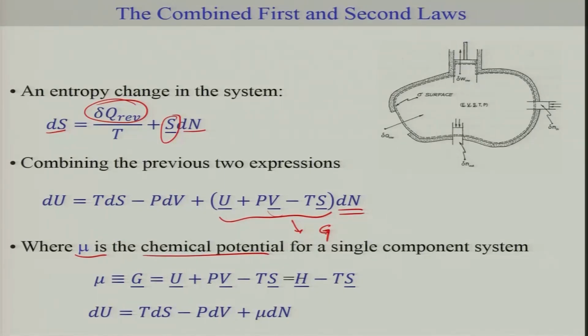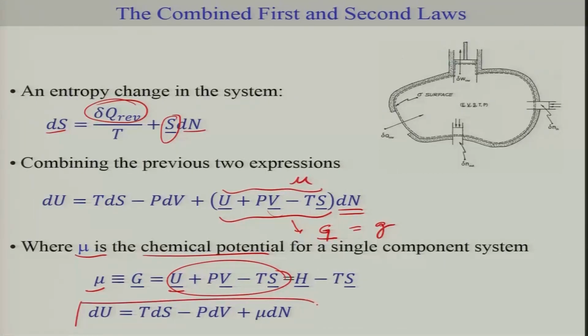So, G bar, which is the molar G, sometimes we also write G like this. So, mu is nothing but G, which is u bar plus PV minus Ts, and this can also be written as H minus Ts. So, by definition this would be mu. We plug in mu here, so this is going to be mu dN.